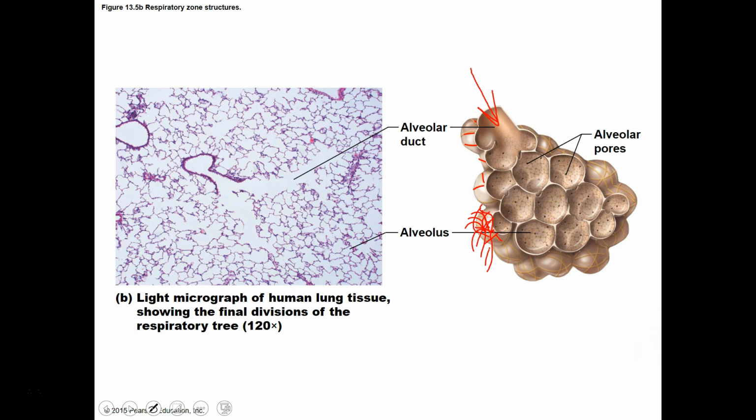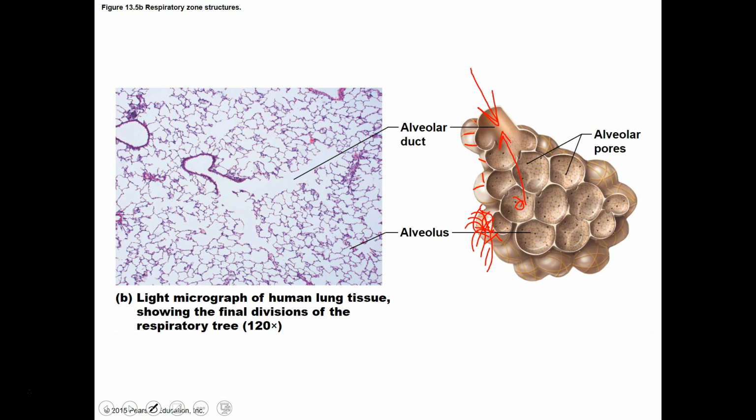And also we'll have some CO2, carbon dioxide, coming out of the bloodstream into the space inside of those alveoli so that it can be breathed back out. And all that happens in one respiratory breathing cycle.